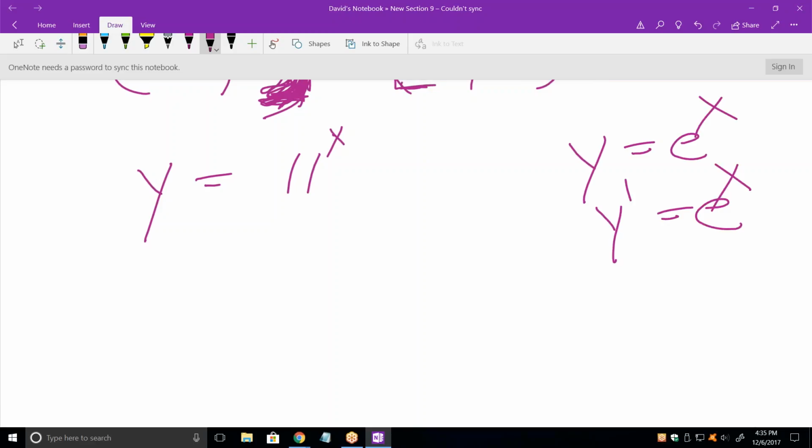When you have a number other than e, the derivative is 11 to the x times natural log of 11. Now, I got to check that in the book because I don't do it that often that I'm 100% sure.